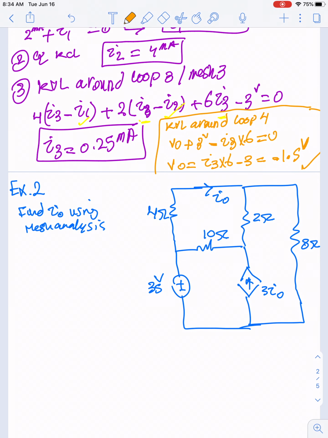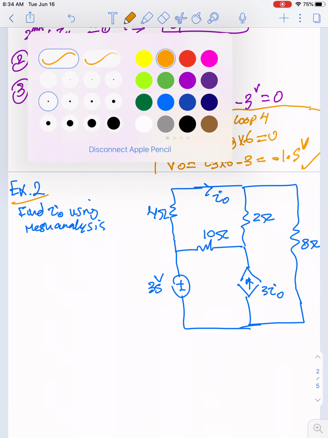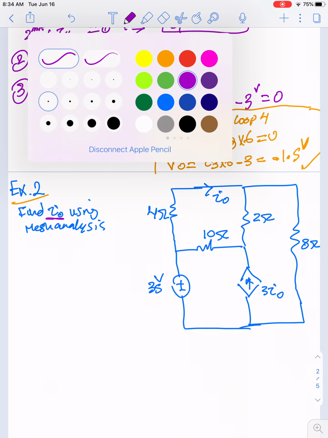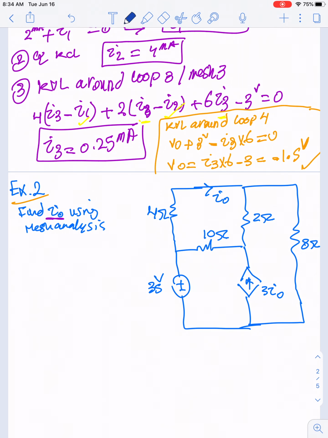So let's consider the second example. In the second example, we are asked to find IO using mesh analysis. As long as we are required to find something using mesh analysis, we have to identify the meshes.